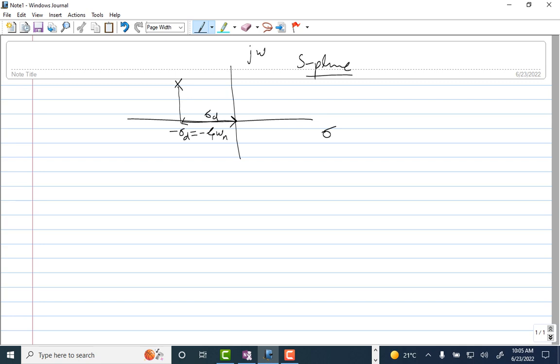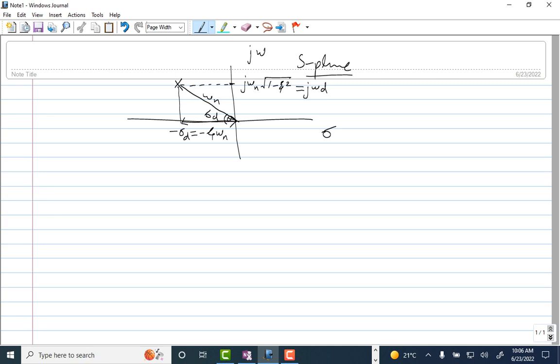Similarly, if I draw a line from this point to the origin, its length is omega n, and if this angle is theta, then this point is j omega n square root of 1 minus zeta square for second order, or I can write it as j omega d.